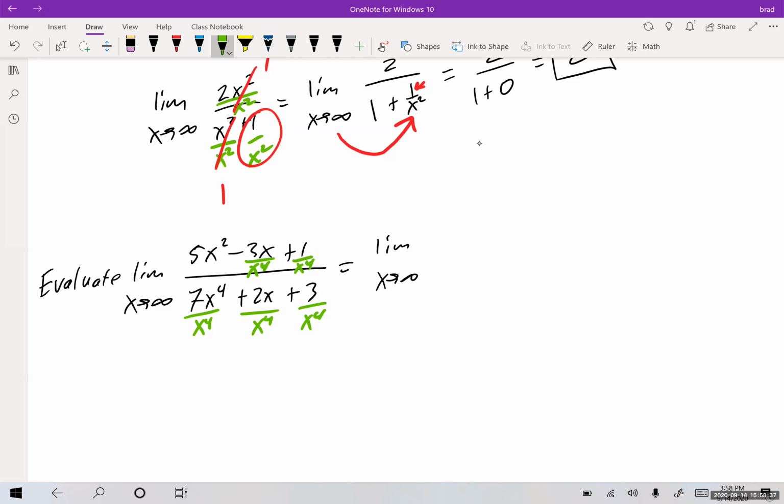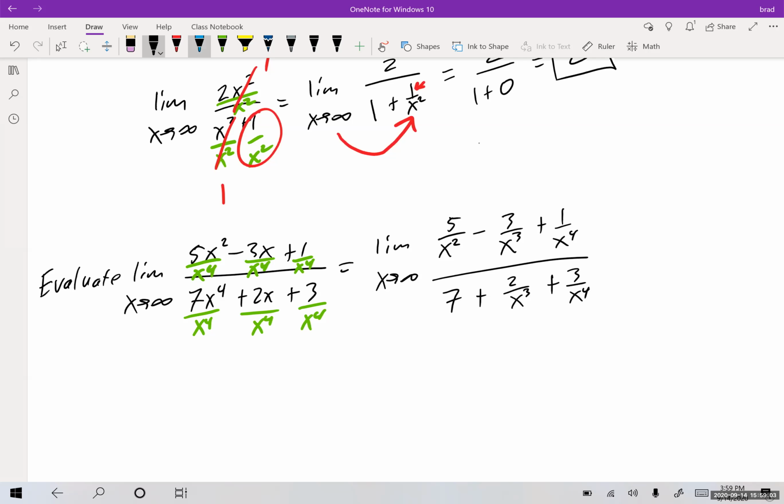This is only legal because I'm doing it to every single term. So this now becomes 5 over x squared minus 3 over x cubed plus 1 over x to the 4th, divided by 7 plus 2 over x cubed plus 3 over x to the 4th.